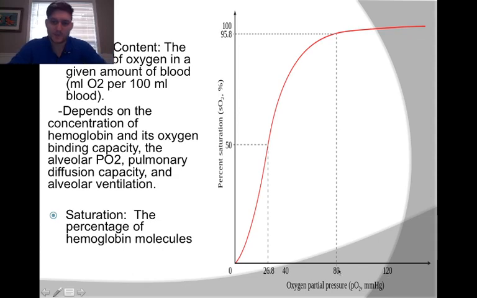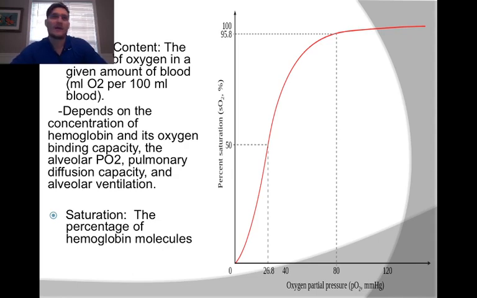And so it's going to depend on the concentration of hemoglobin, how much hemoglobin you have in the bloodstream, and then the oxygen binding capacity, right? The ability to bind to that oxygen, the alveolar PO2, so how much pressure of oxygen are you getting into the lungs, the pulmonary diffusion capacity, so how easy is it for that oxygen to travel across the alveolar wall?